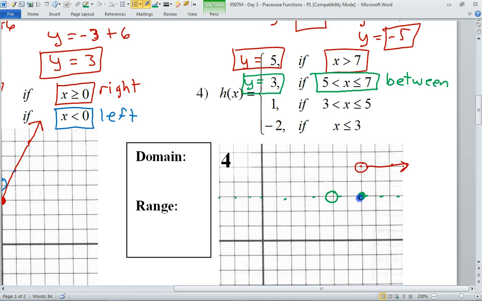Closed circle. I'm going to be between 5 and 7. Does everybody see why I made the 5 an open circle and why I made the 7 a closed circle? Is that part clear? Did I lose anybody? Okay, let's do the next one.